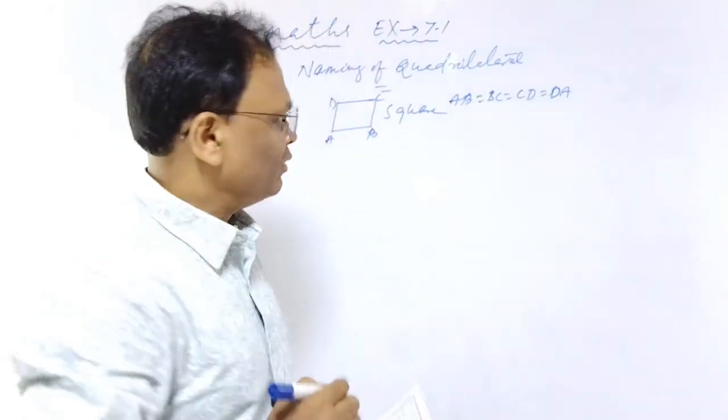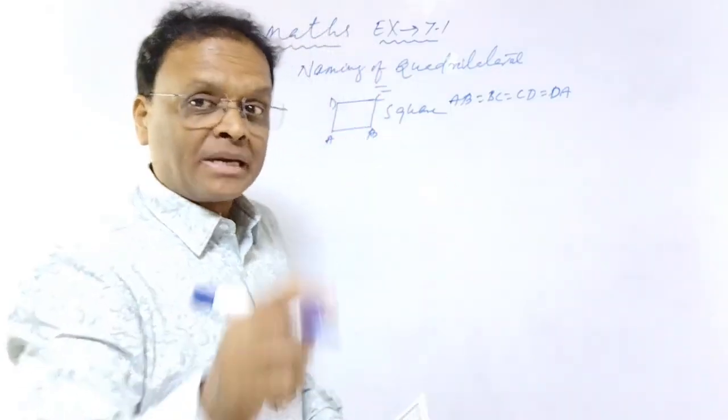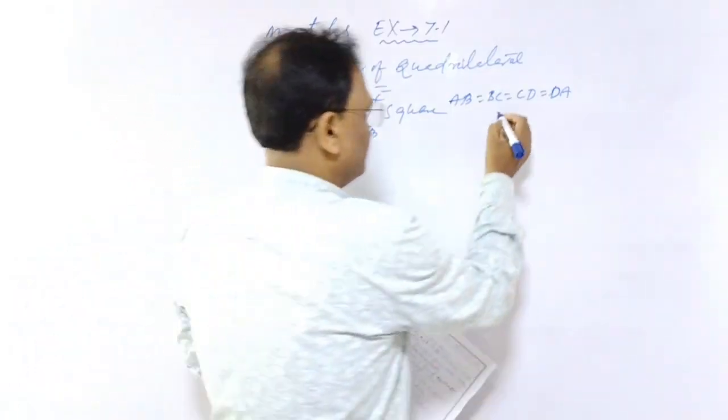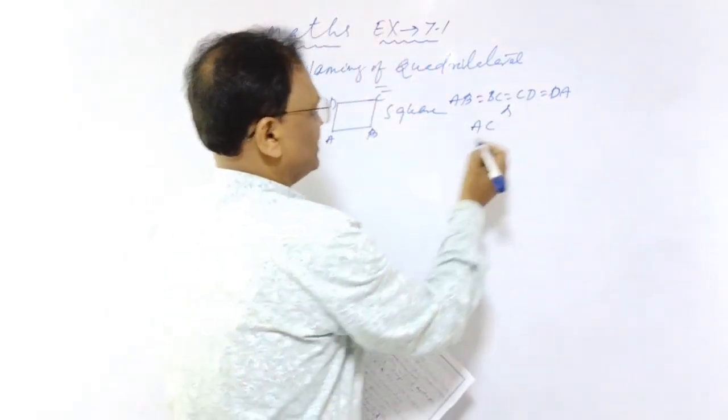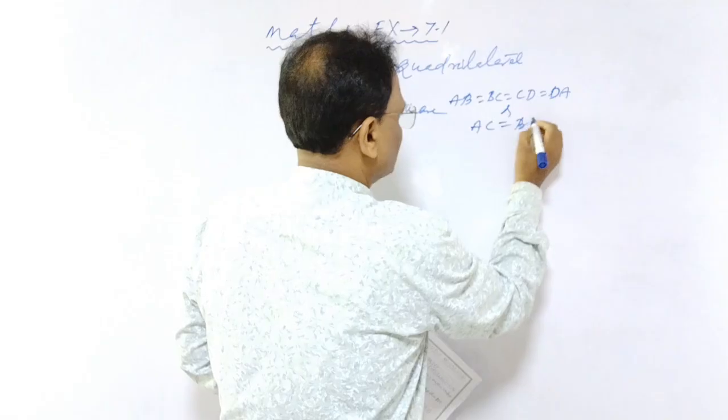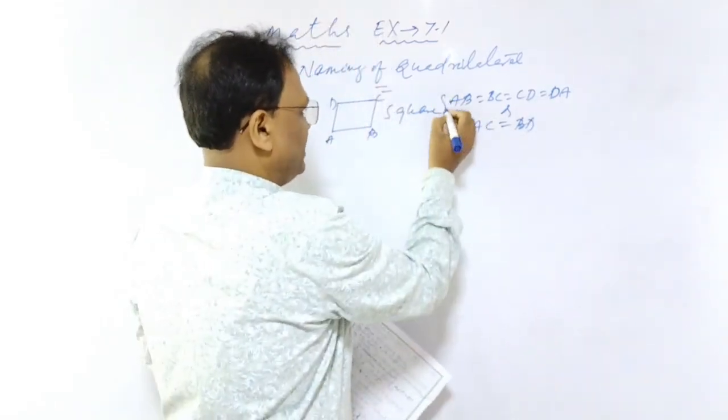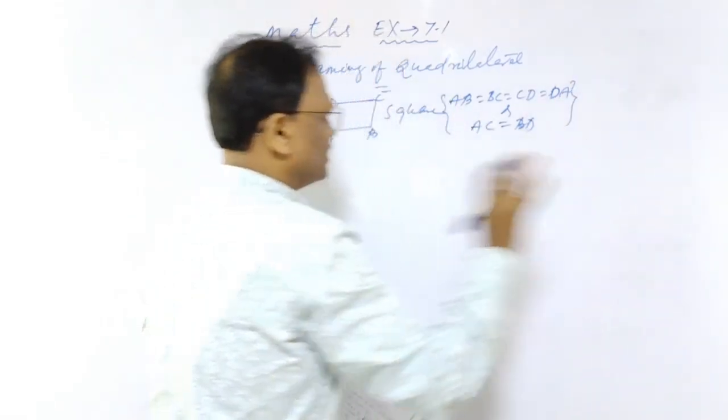All of you might have known this one anyhow. All the four sides are equal. But in addition to this, your diagonal AC must be equal to BD. Then only it is a square.